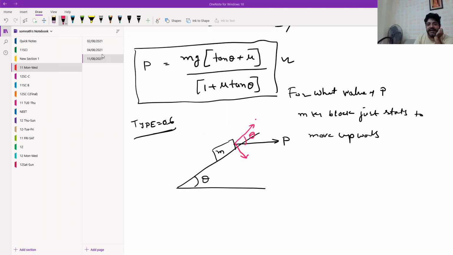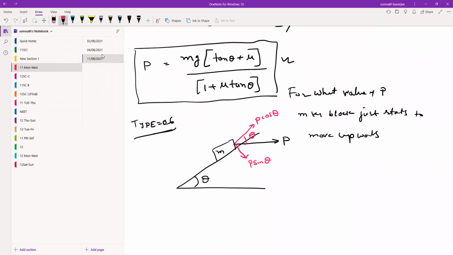So let theta be the angle. Along the base, I can write here p cos theta. Yes or no? Yes, sir. And perpendicular to the base, I can write p sine theta. Yes, sir. Now I am writing mg, because mg is always acting downward. So this angle is theta, same as the previous one.